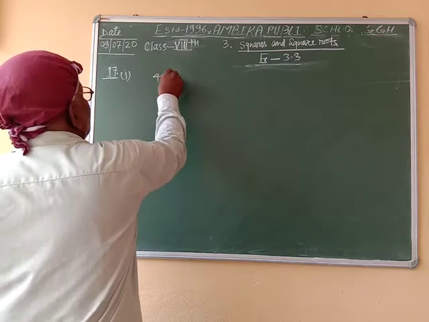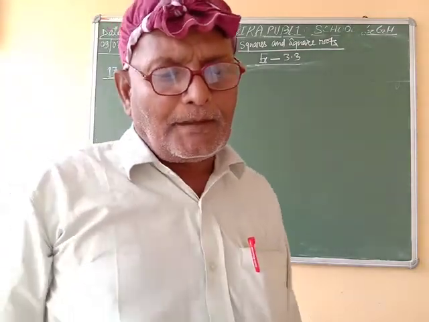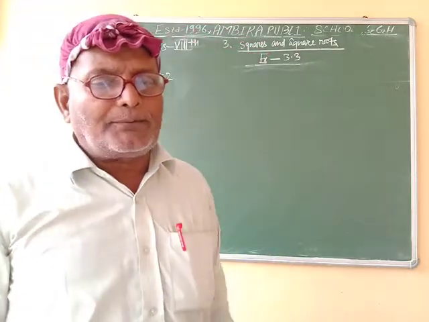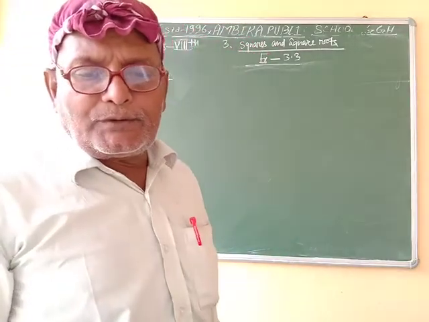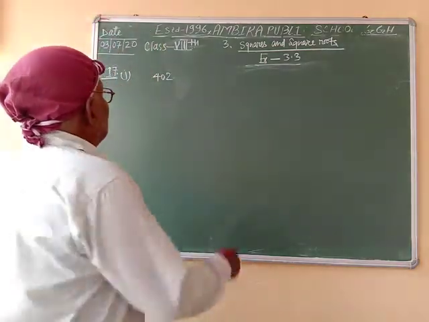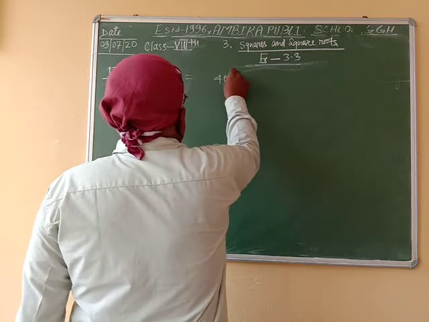402. Find the least number which must be subtracted from each of the following numbers so as to get a perfect square number. First of all, we find the square root of 402.